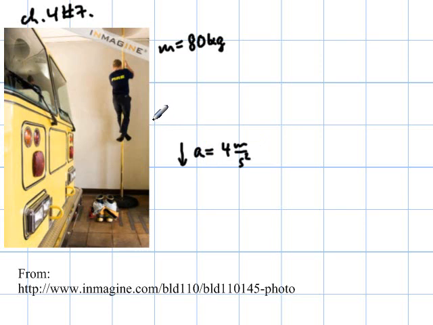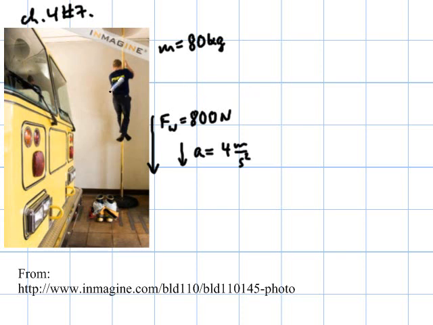If he was in free fall, according to his weight Fw of 800 newtons, 80 kilograms times 10 meters per second squared, then he would be accelerating downwards at 10 meters per second squared.